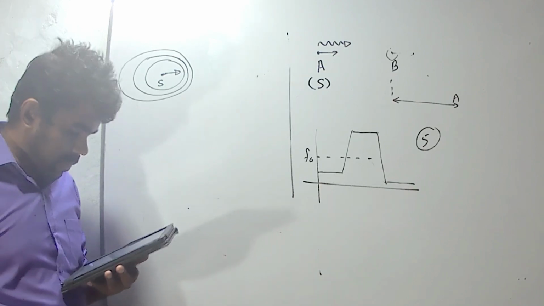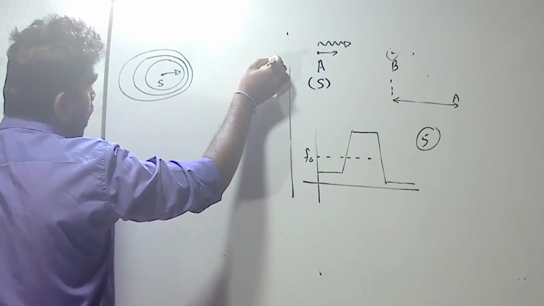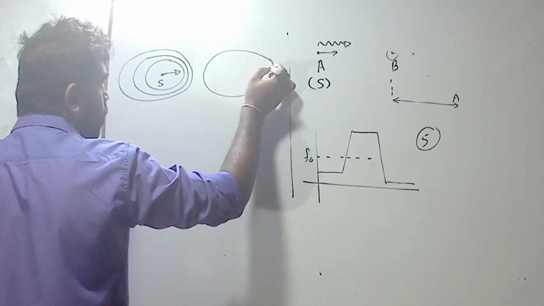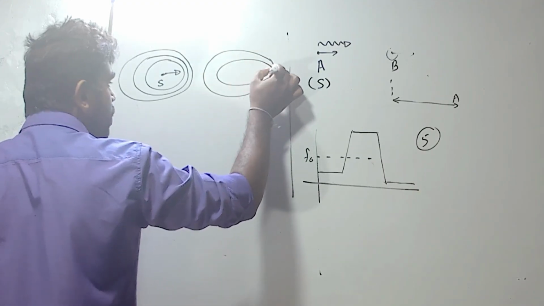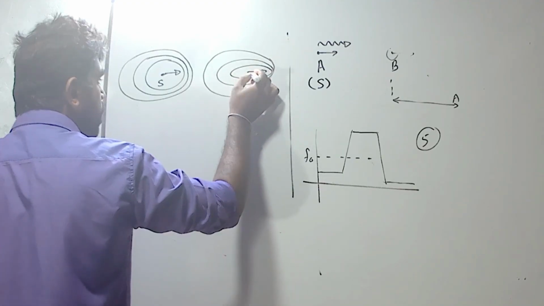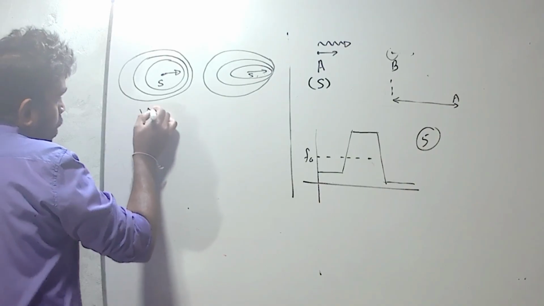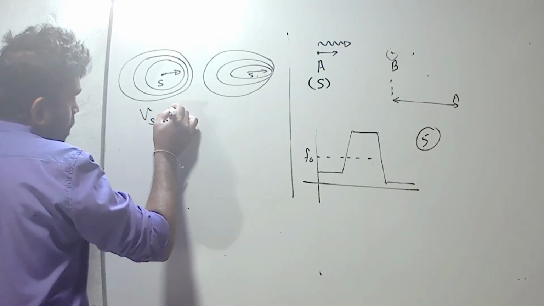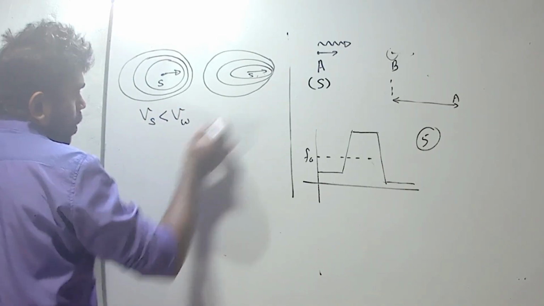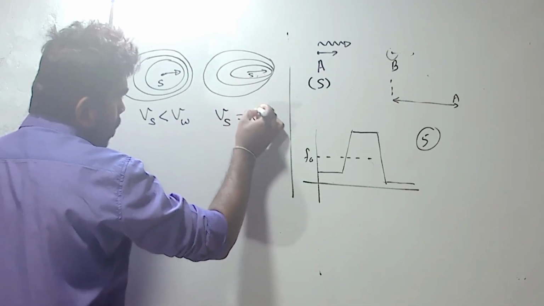Second situation, source is moving with the velocity of wave. It should be like this. For the first condition, velocity of source is less than velocity of wave. For this condition, velocity of source is equal to velocity of wave.